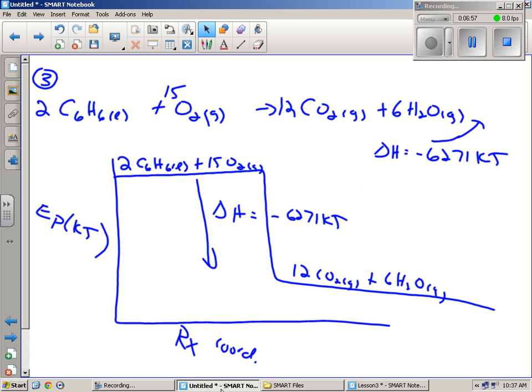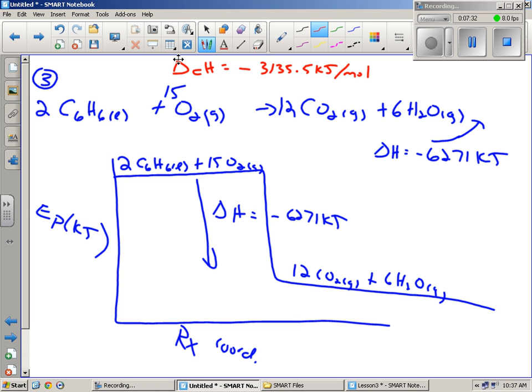Remember, if you go back to question number 3 from yesterday's homework, because it's a combustion reaction, it said that delta CH for benzene is a negative 3135.5 kilojoules, I believe, per mole. Is that right? Somebody?